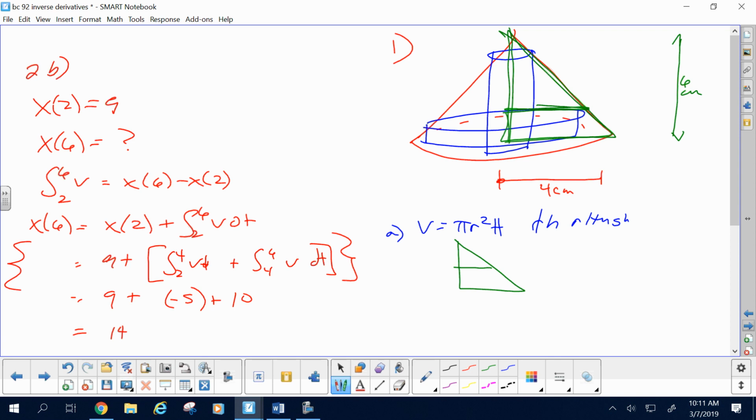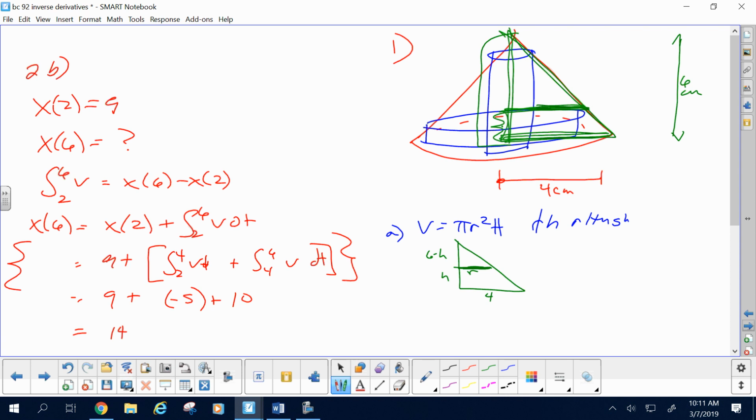Where this here represents the radius of the cylinder. This is all the way to the edge, which is 4. This here is the height of the cylinder. This then would be 6, take away that height, so this part is 6 minus h.